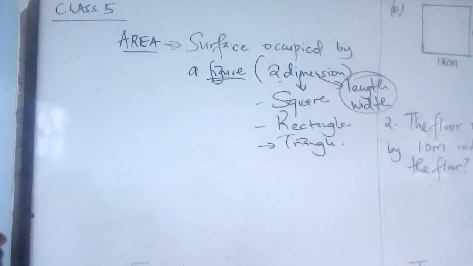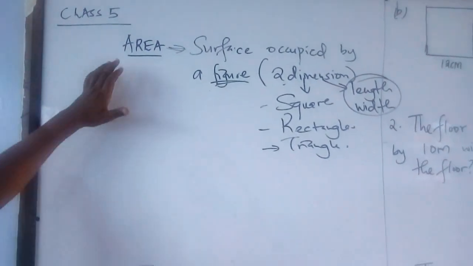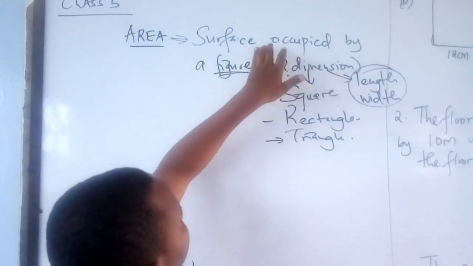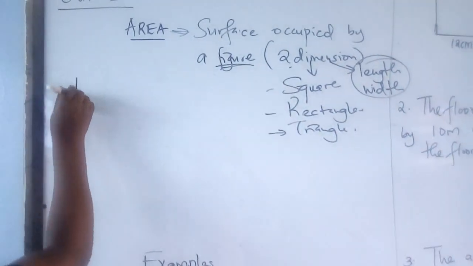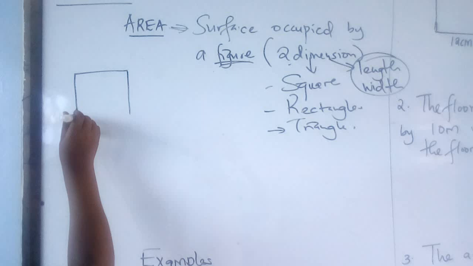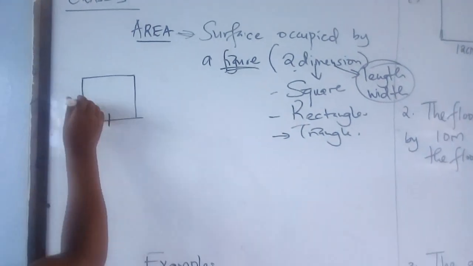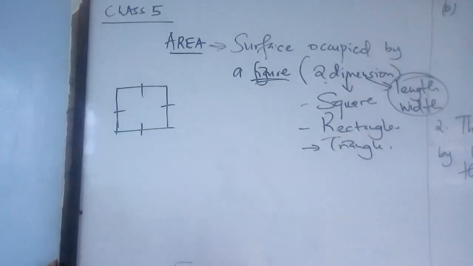So the first thing you should know about area, because you have said it is the surface occupied by a figure, if you may look at one example, that is a square. Remember, a square, all sides are equal.